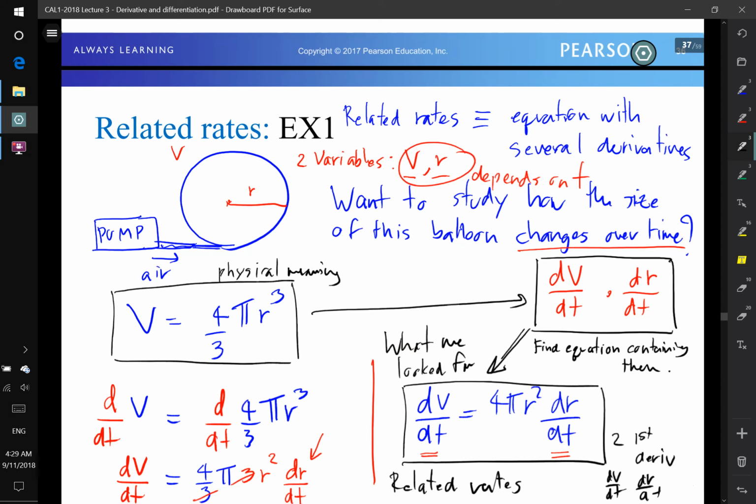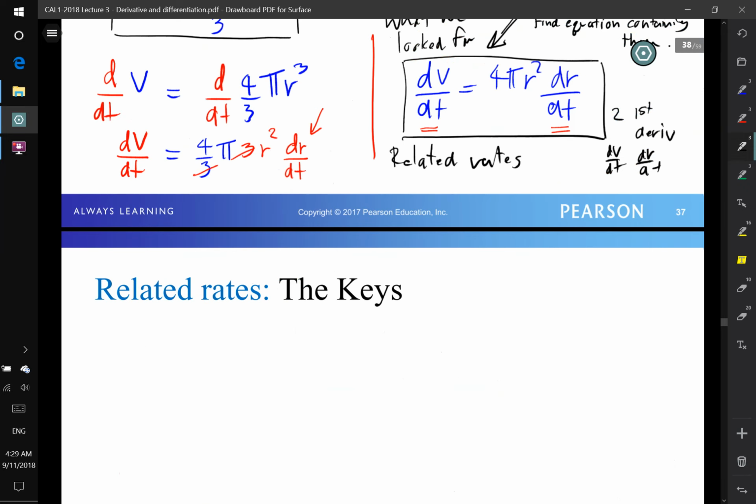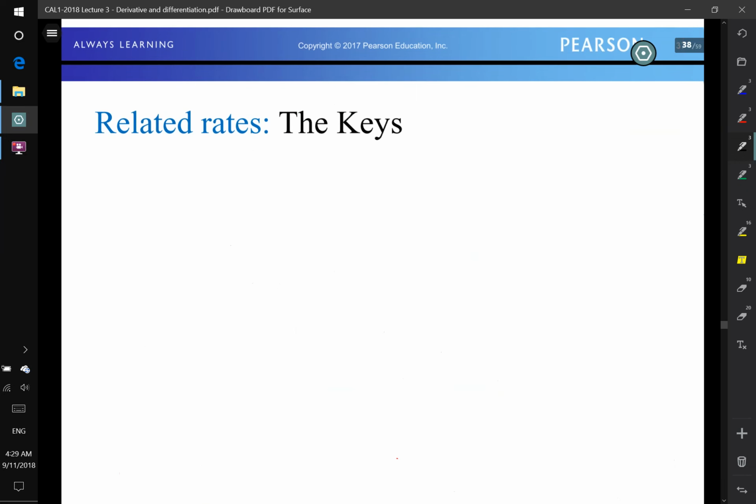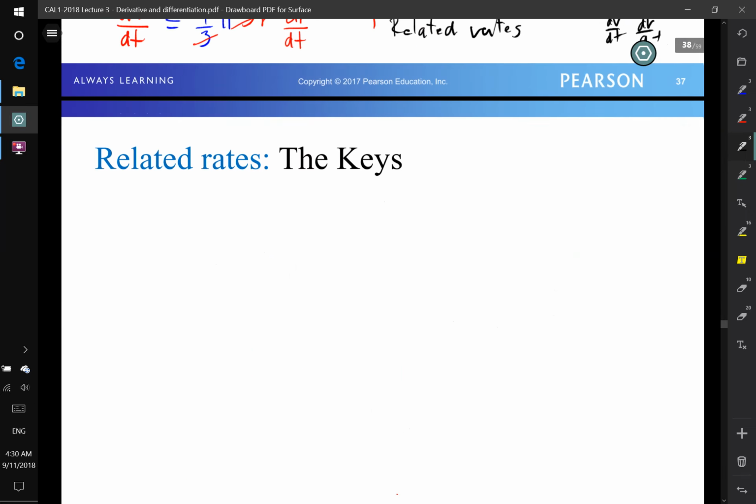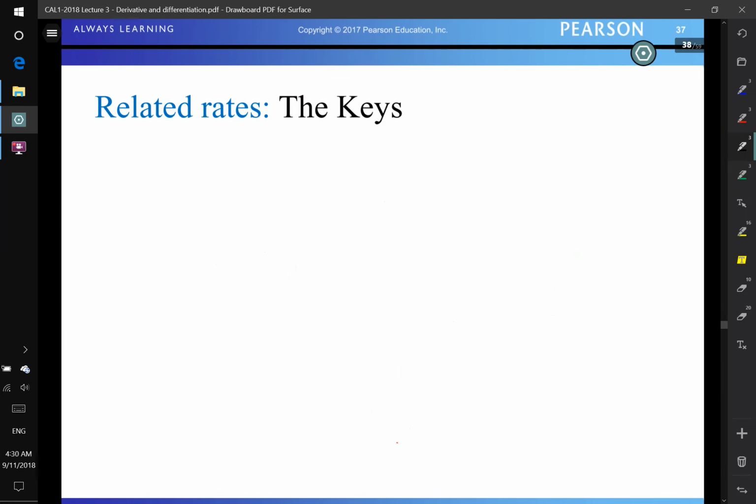This is an example that shows how we construct this relationship between rates from physical meaning. In order to make it easier for you to follow, I would like to summarize what we just did into a guideline, like keys for you to follow.